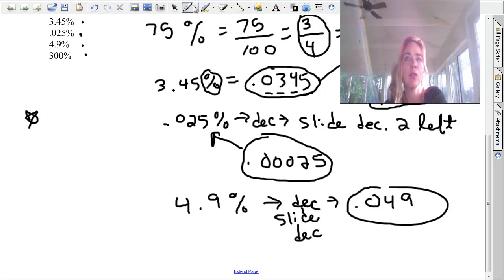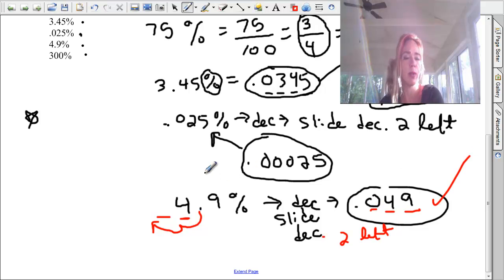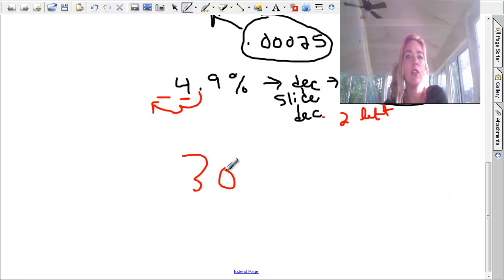So you can just kind of, and I'm just going to remind myself here, slide decimal. And maybe I can do this in another color. Just to illustrate it, slide this decimal 2 to the left. 1, 2. So it's kind of like you're going boing, boing in your mind and realizing that you're going to arrive here. So slide decimal 2 left, and we realize that that's probably the fastest way to do it. And last but not least, 300%.